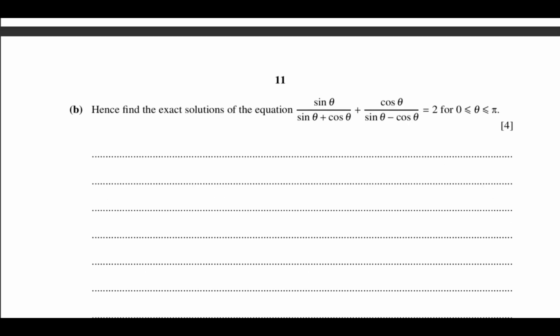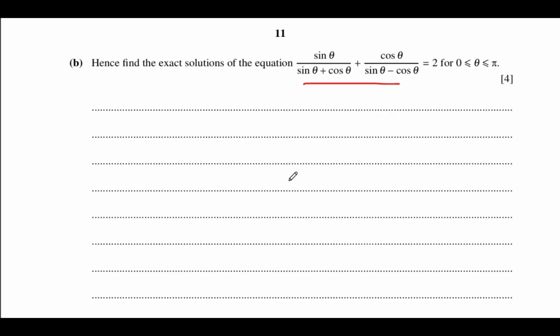Next part is: hence find the exact solution of the equation sin theta over sin theta plus cos theta equal to 2. So this one was already equal to our right hand side, which was tan square theta plus 1 over tan square theta minus 1 equals 2.